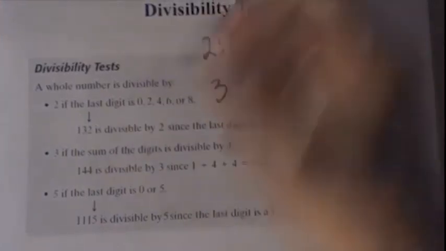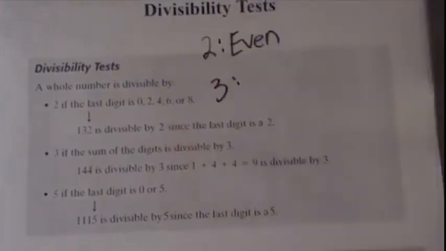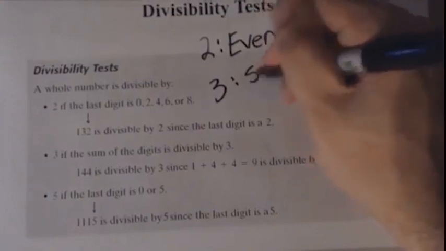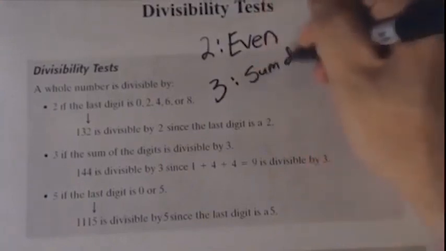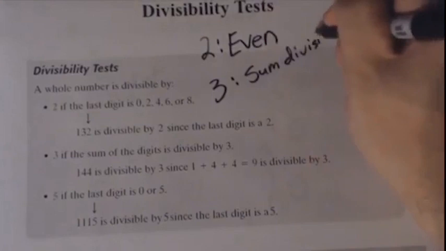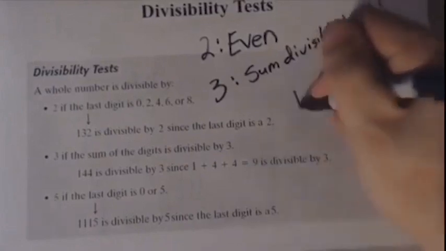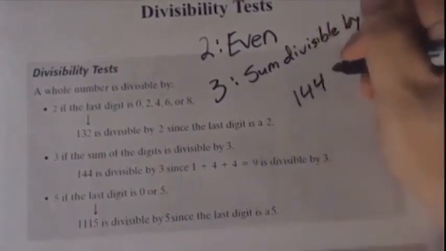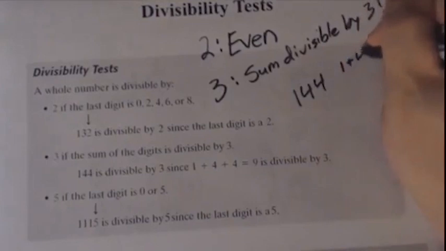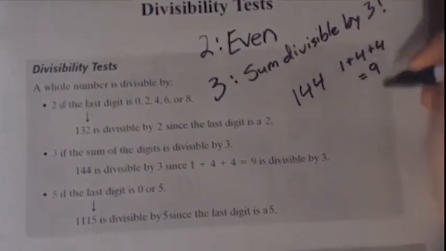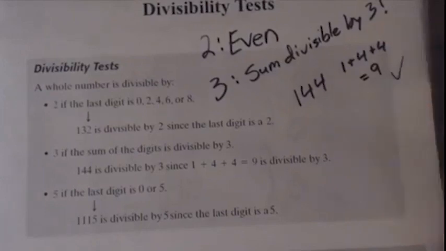A number is divisible by 3 if the sum of its digits is divisible by 3. So for instance, 144 is divisible by 3 because 1 plus 4 plus 4 is 9, and 9 is divisible by 3.